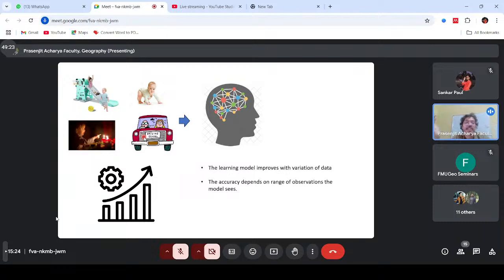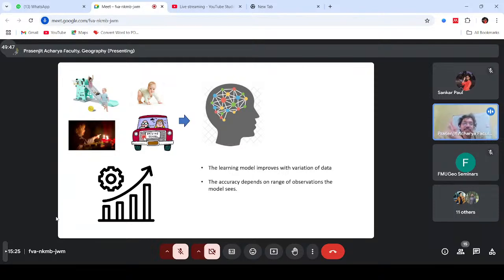So the brain is getting a lot of information through interactions. Without interaction with the data, the learning process cannot be complete. That's the simple learning mechanism that we can mimic in the statistical world.